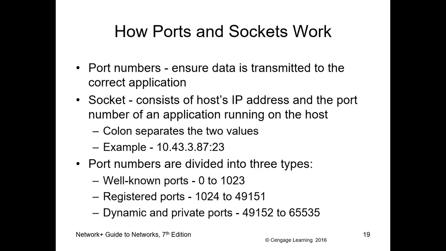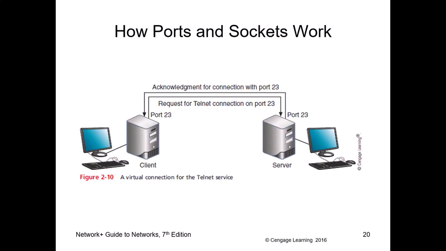For example, Cisco purchased port 2000 to use for their IP phones, voice over IP phones. Dynamic or private ports are the third range. This is where you actually use them every time you want to communicate. You use them as the source port when you're communicating with a destination host.